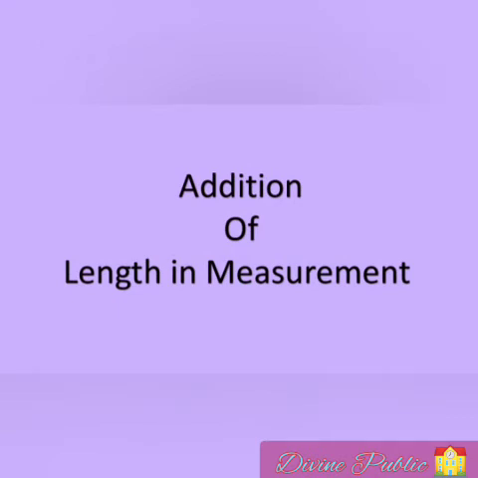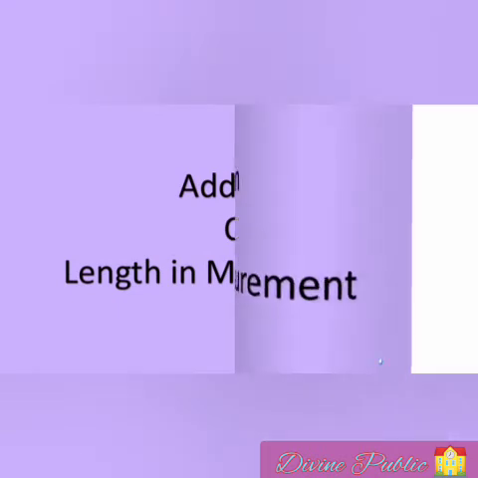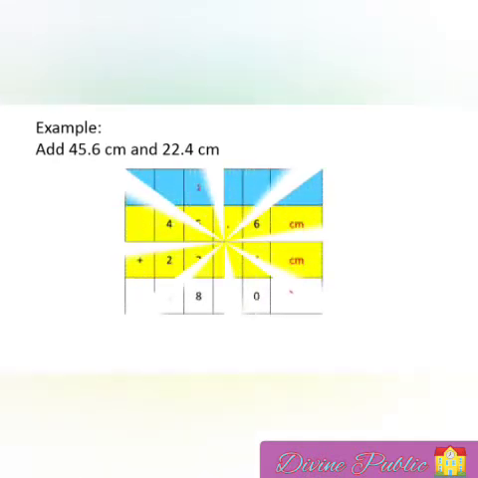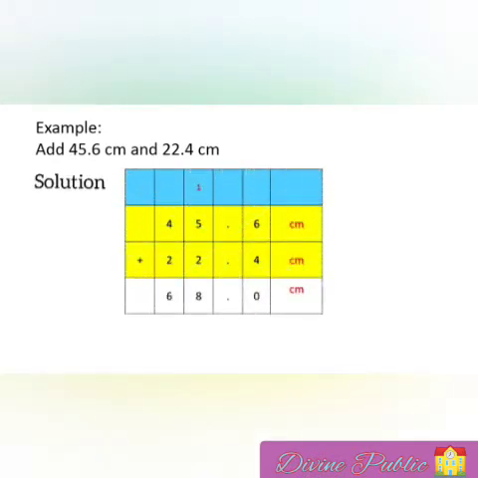Let us see the next topic, addition of length in measurement. Dear friends, let us see the addition of length in measurements with the help of example. Add 45.6 centimeter and 22.4 centimeter. Let us see the solution.